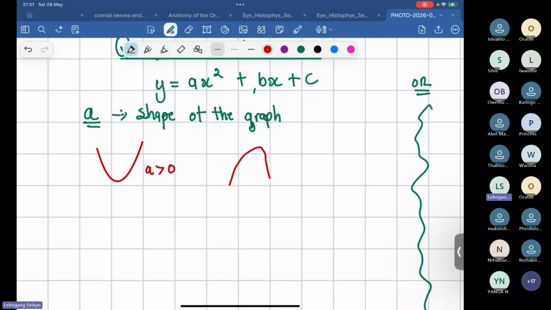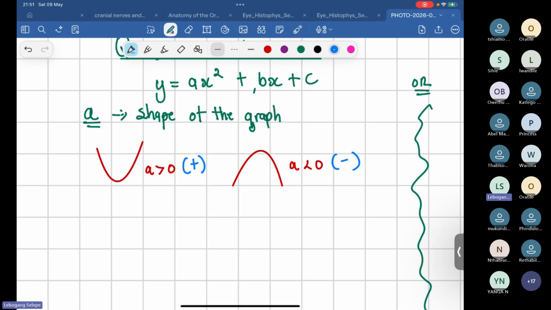If I have a graph that is not happy, like this one, that is sad, we know that it means that a was a negative number. So this is for a positive, this is for a negative.